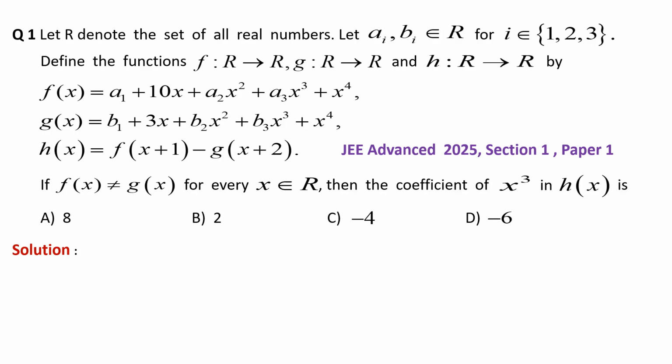It says, let capital R denote the set of all real numbers. Let ai, bi belonging to capital R for i belonging to the set containing the elements 1, 2, 3.